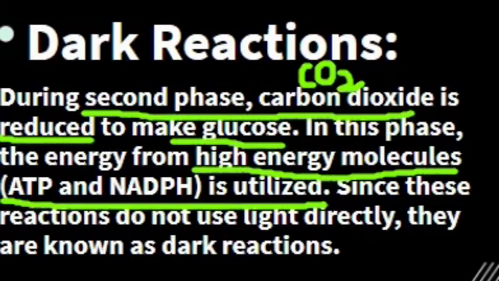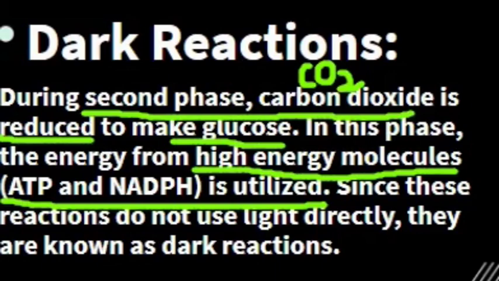The major difference between the light reaction and dark reaction is that in light reaction, high energy molecules ATP and NADPH are synthesized, and in case of dark reaction, these high energy molecules ATP and NADPH are utilized. ATP is adenosine triphosphate and is the major energy currency of a cell.